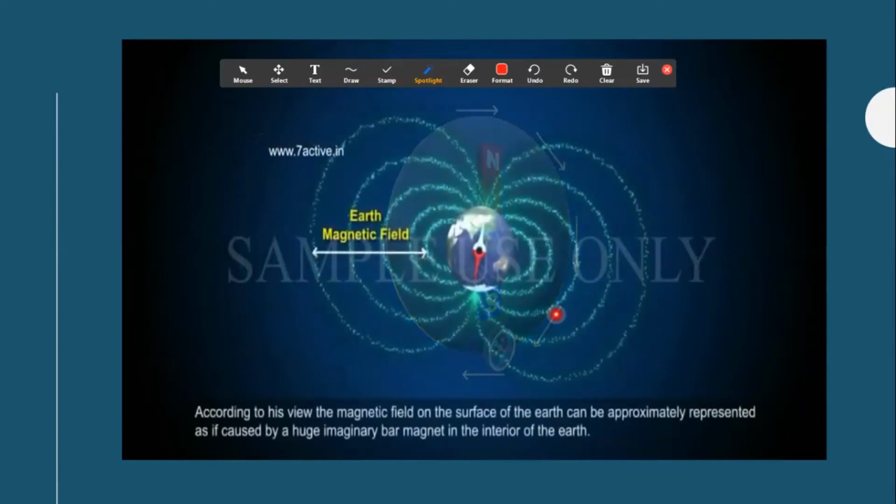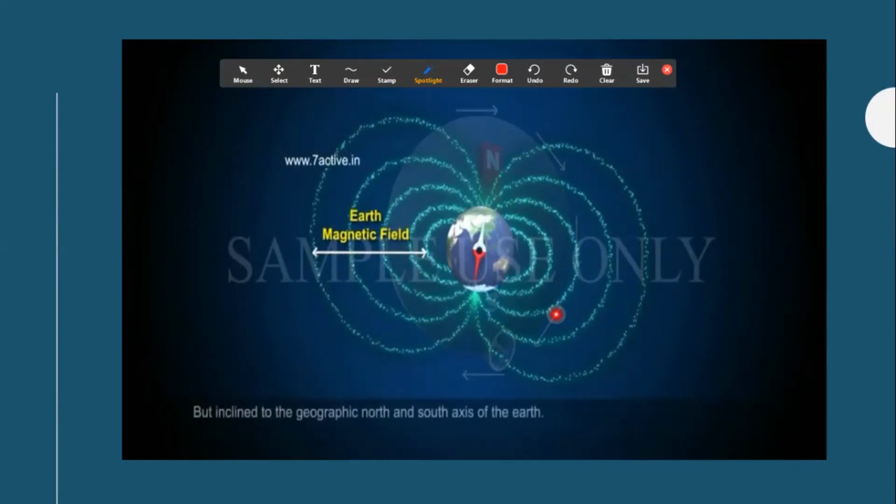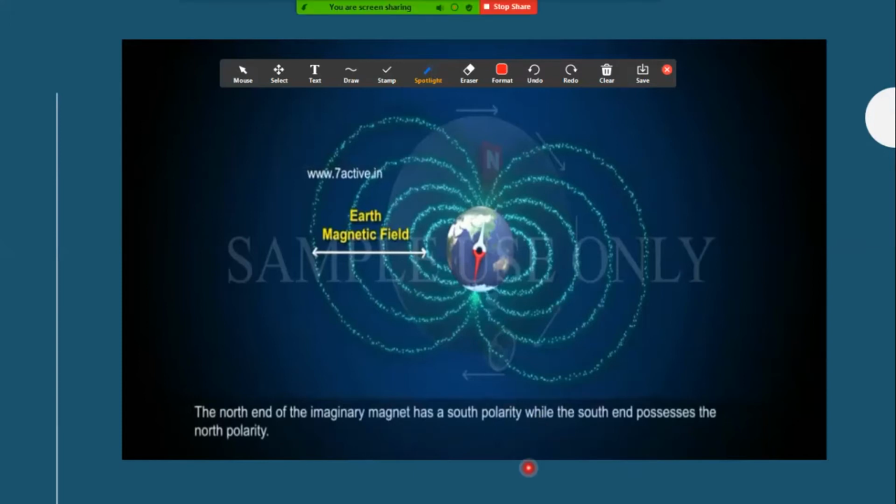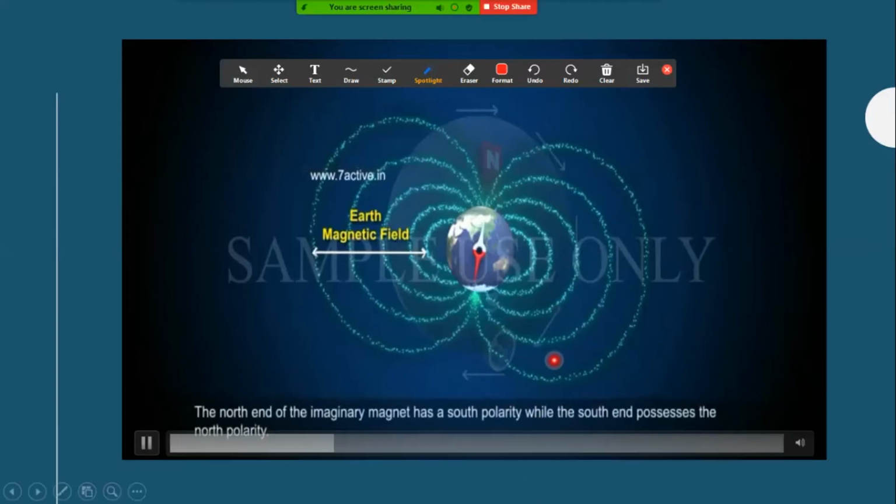According to his view, the magnetic field on the surface of the Earth can be approximately represented as if caused by a huge imaginary bar magnet in the interior of the Earth, but inclined to the geographic north and south axis of the Earth. This concept of terrestrial magnetism has been illustrated as shown in figure. The north end of the imaginary magnet has a south polarity, while the south end possesses the north polarity.